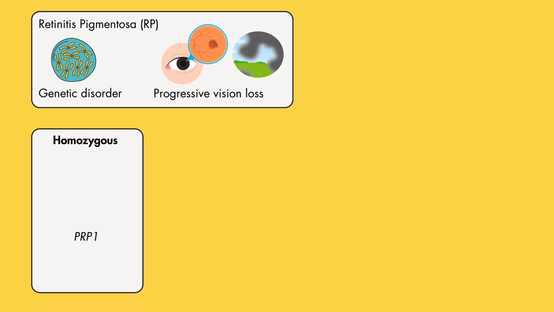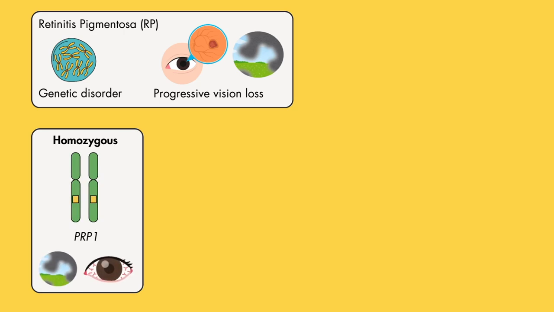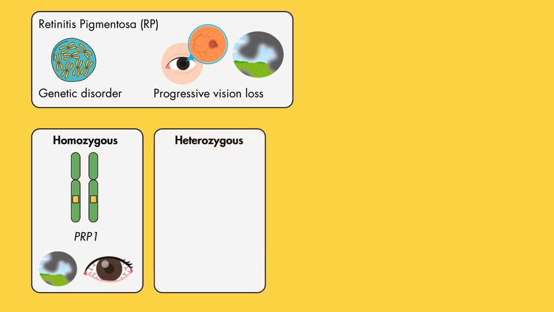This means that individuals with two mutated copies of the PRP1 gene develop retinitis pigmentosa. In the heterozygous state, where there is one mutated PRP1 allele and one normal allele, the individual maintains normal vision because the normal copy fully compensates for the defective one.